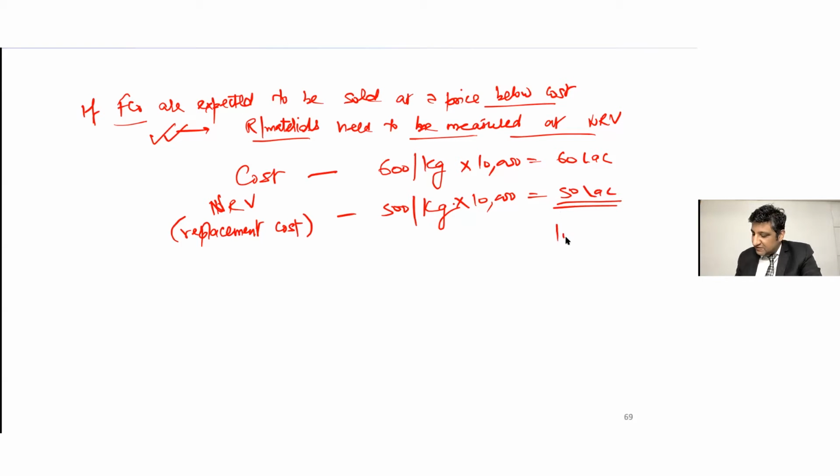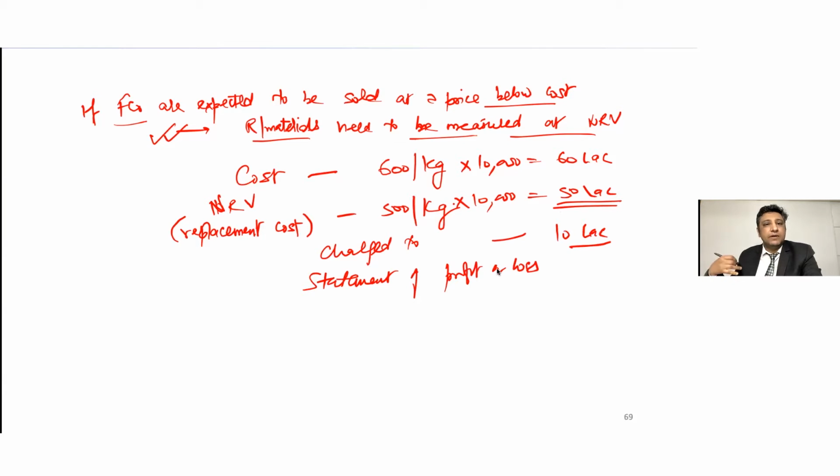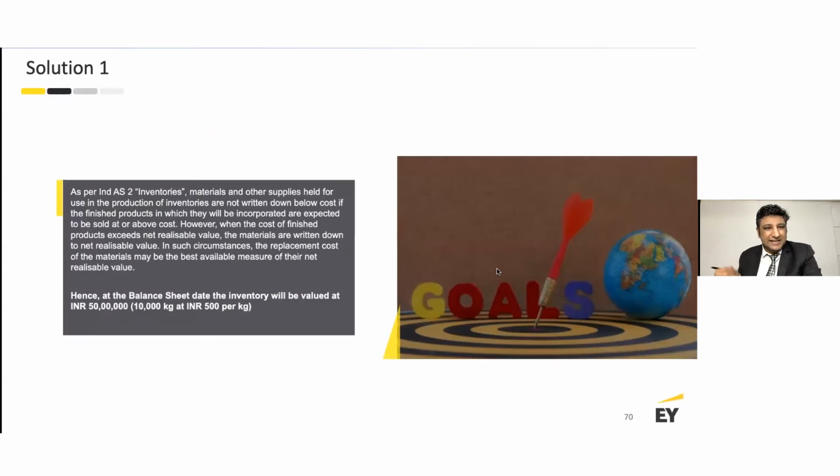The difference of 10 lakh has to be charged to statement of profit or loss, right? That's what you need to bring into your solution when you are attempting this kind of a question. Let's have a look at the detailed solution around it.